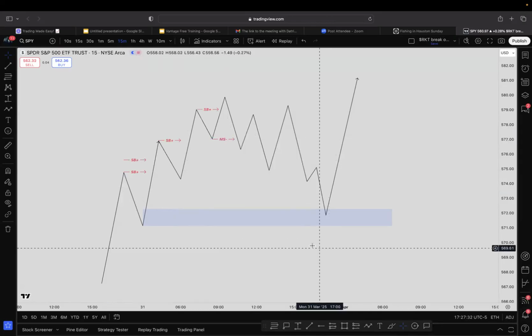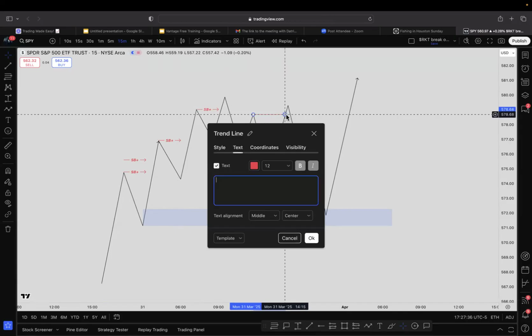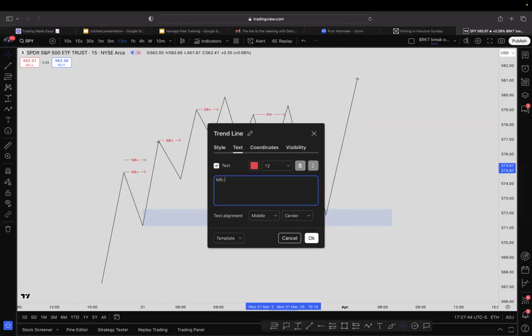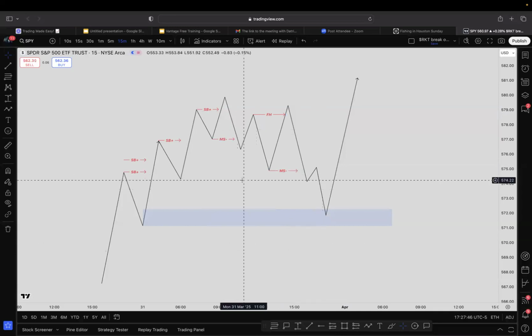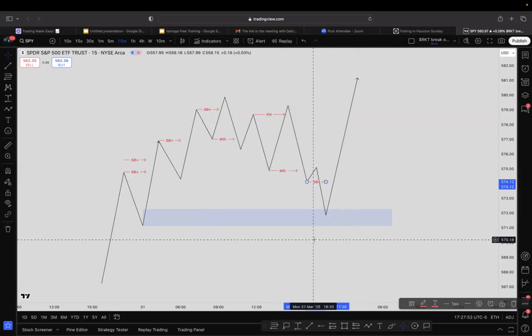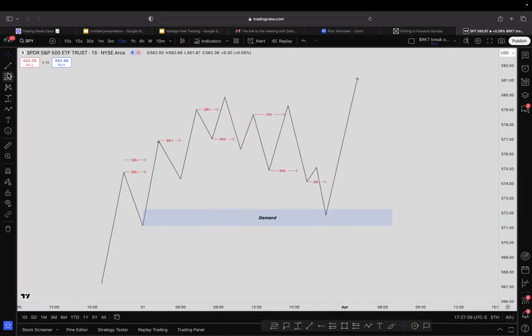Here we got a shift to the downside. Here we have a first high. Here, I guess you could say, technically, this is a shift to the downside as well. Structure break. Right into the demand zone. And then we push higher.